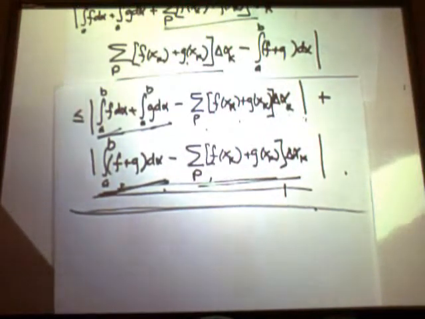Yes, sir? Yeah, well, how would you do that? The linearity or the existence of f plus g is agreed. I was just thinking about linearity. Is this the definition of the integral? No, this isn't. I would like to use that definition.